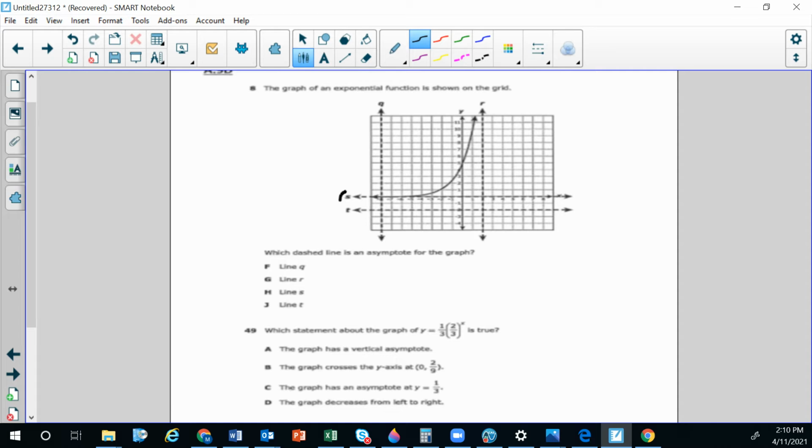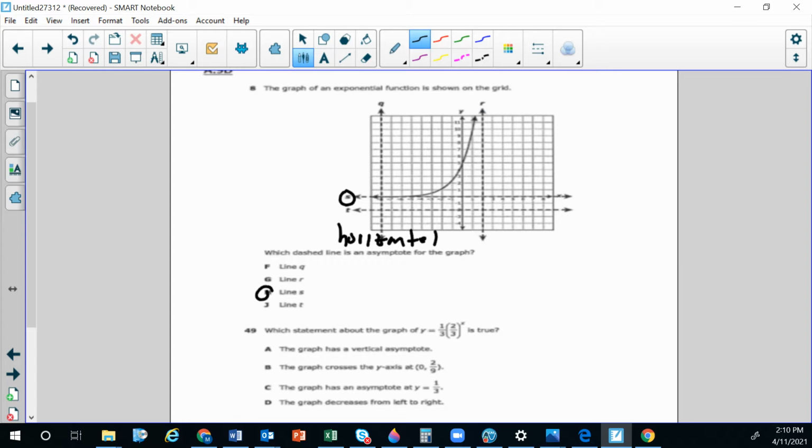Here it is S. So line S is your horizontal asymptote. The reason I paused for a second is they didn't stipulate. I would love for them to say horizontal asymptote. They did not do that. So line S is the asymptote.